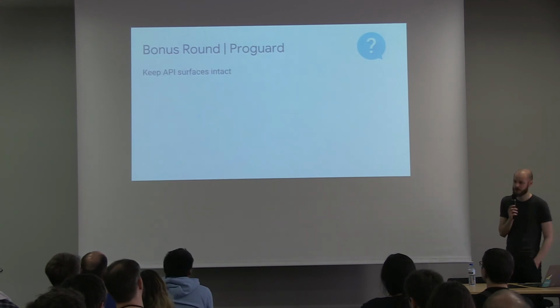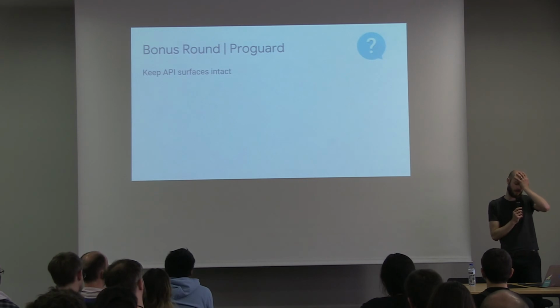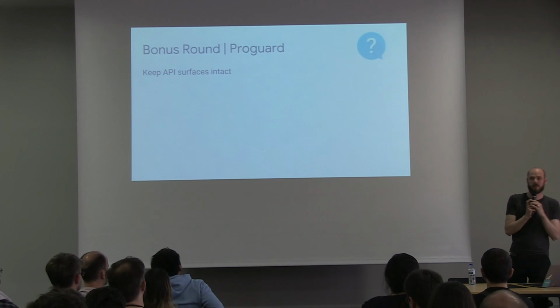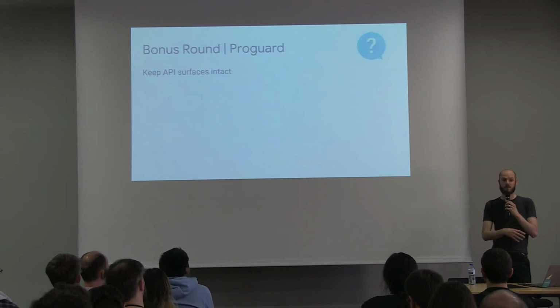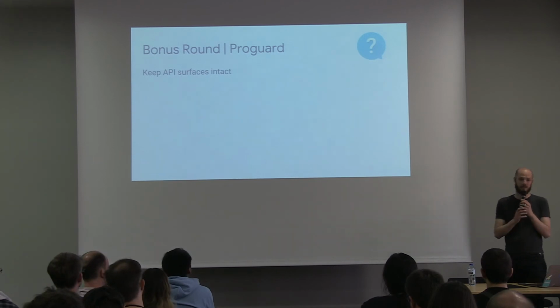The most important part is that you're now a library developer, and with that mindset, it basically means that you have to keep all your API surfaces, so all the methods that you want to use from other parts, intact. That means all the stuff that you're using from your third-party dependencies, support libraries, all the APIs that you're using from that have to be visible, as well as some of the classes and methods that you're referring to explicitly from your base module.